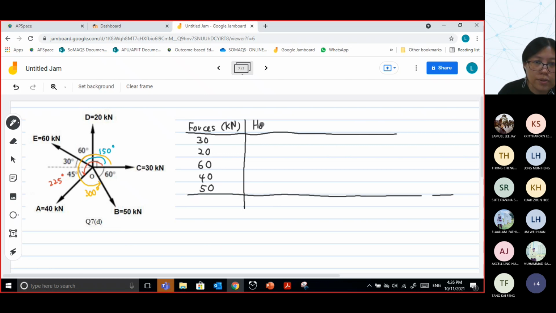Then the horizontal component, followed by vertical.